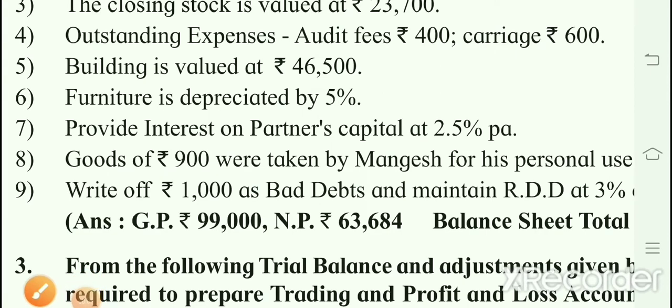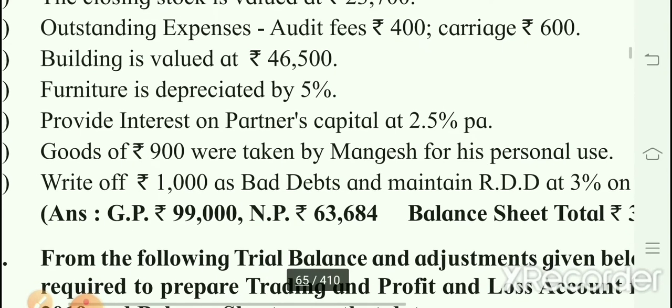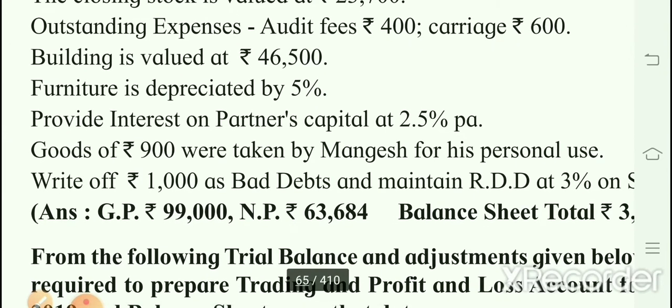Now next adjustment is provide interest on partners' capital at 2.5% per annum. See, in the trial balance, the capital of partners is given to us. Mitesh rupees 1,50,000, Mangesh rupees 50,000. Now we will provide them interest at 2.5% per annum. So calculate the interest. First, Mitesh's interest: 1,50,000 into 2.5 divided by 100.